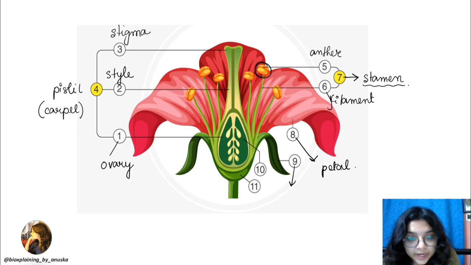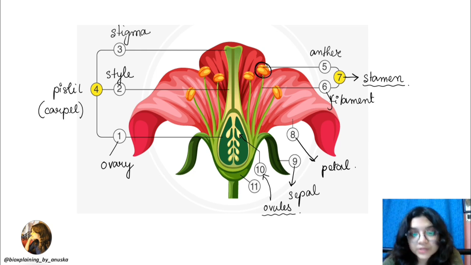What's 9? Right, 9 is the green leafy structure. So 9 is the sepal of a flower. What's 10? So 10 is pointing inside the ovary and it is pointing to these small structures inside. So what does the ovary contain? The ovary contains the female gametes, which are the ovules.